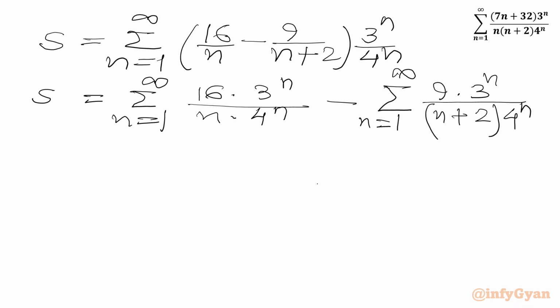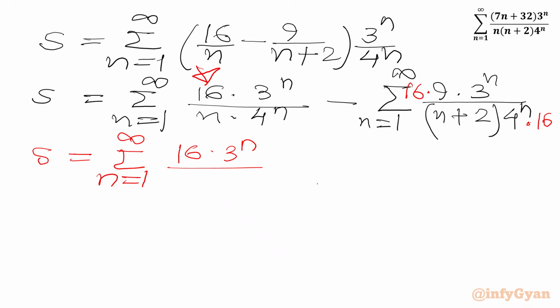Now here we have 16 for the first summation. Here we have 16, so I want to multiply here with 16, so we have to divide by 16 also. Now we can write S equal to sigma n = 1 to infinity 16 times 3 power n over n times 4 power n, minus sigma n = 1 to infinity.